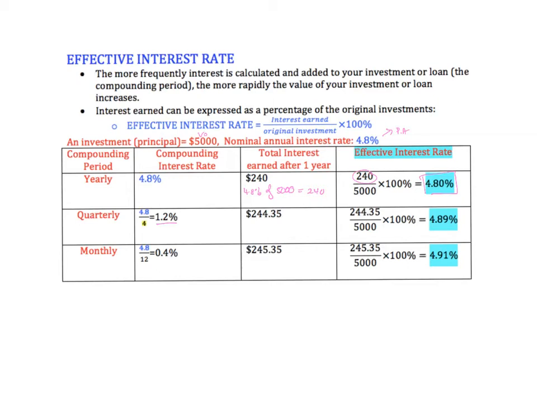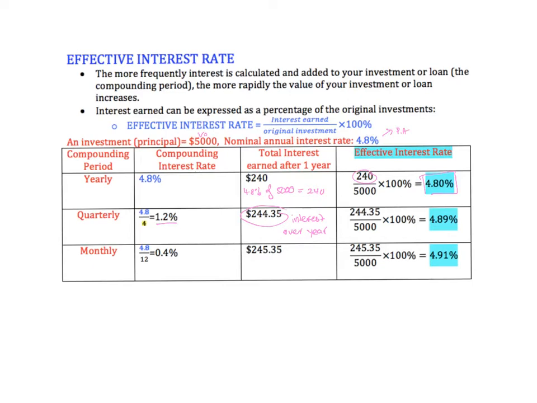So effectively this is the interest earned over the year, so they did 4 times at 1.2. You'll see it's a little bit more than the rest.